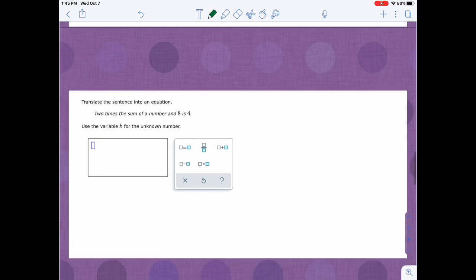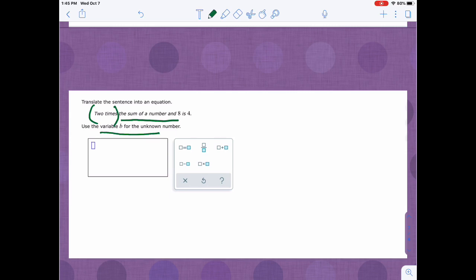Translate this sentence into an equation. 2 times the sum of a number. It says use the variable B for the unknown number. Sometimes you have to read ahead a little to know what variable you're going to use. 2 times the sum of a number and 8. Okay, so we have 2 times, but we've got the sum of a number and 8.